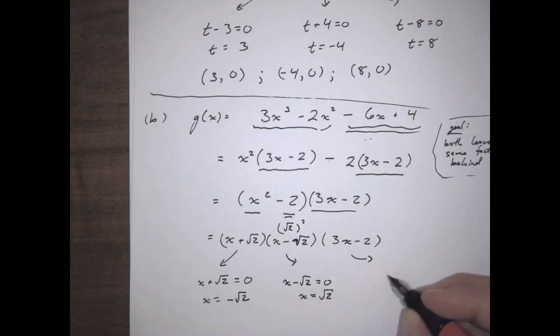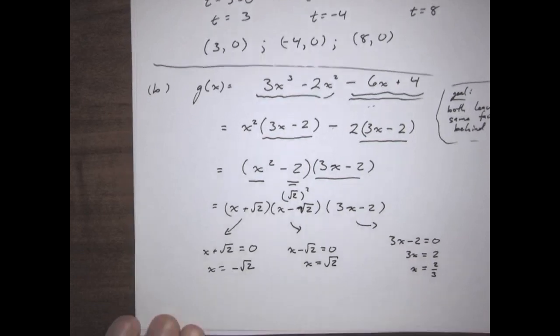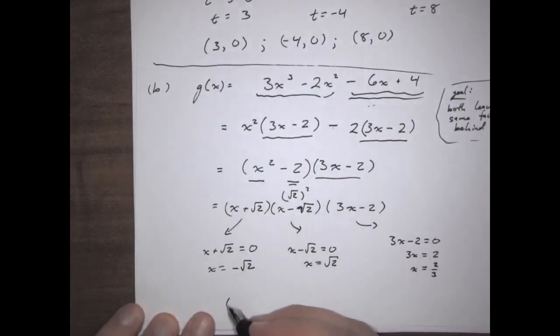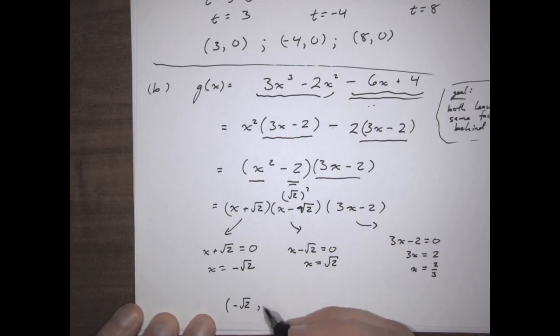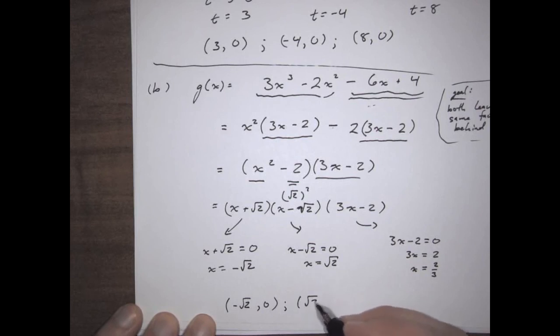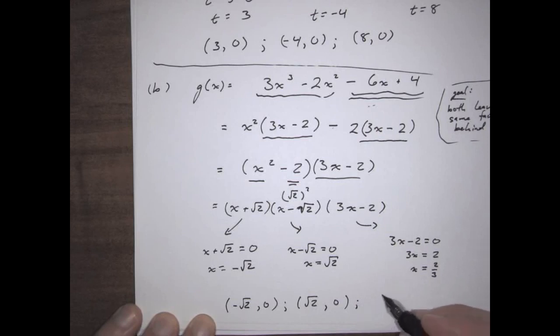Adding to both sides, 3x minus 2 equals 0. That gives us 3x equals 2, which gives us x equals 2 divided by 3. So then that gives us the three x-intercepts of negative square root of 2 comma 0, square root of 2 comma 0, and then lastly 2/3 comma 0.